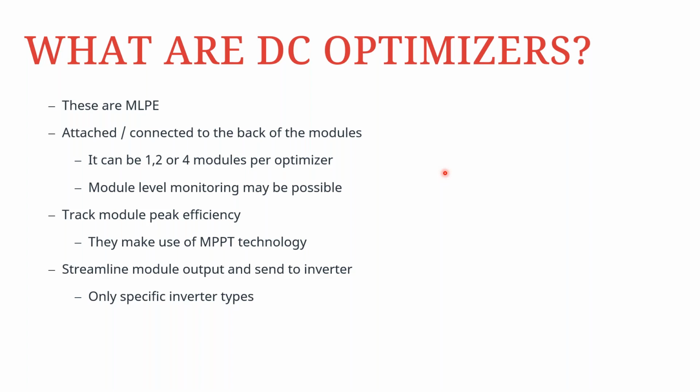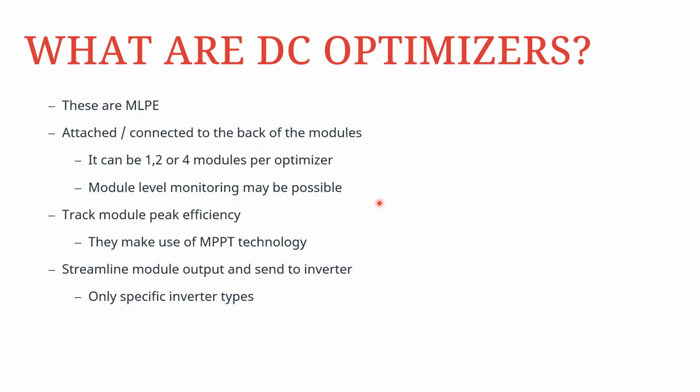So you can tell the power production or the behavior at module level, isolating the module from the entire string. The DC optimizers work by tracking the module peak efficiency, and to do this, they use the normal MPPT technology.